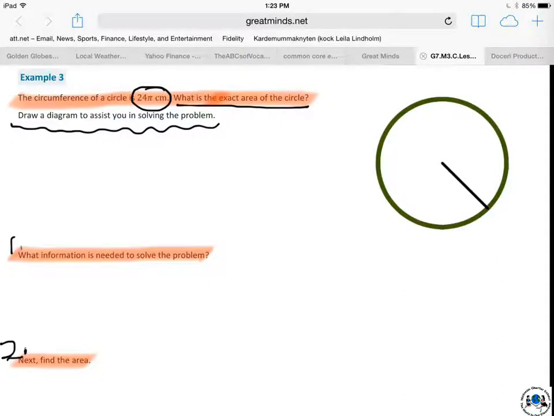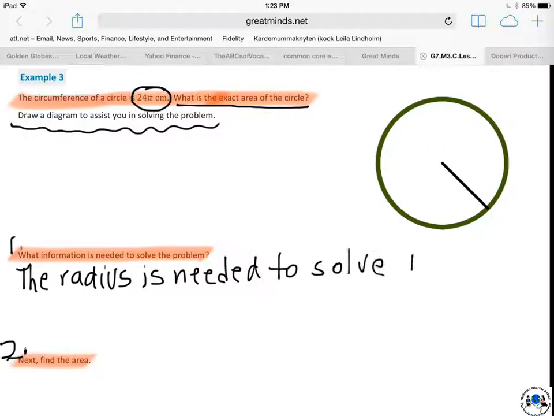Okay, so let's go ahead and take a look at this solution here. So I've drawn a diagram. Drew my circle and this line of radius, and hopefully you know why I need this line of radius, because I need that radius to find the area of the circle.